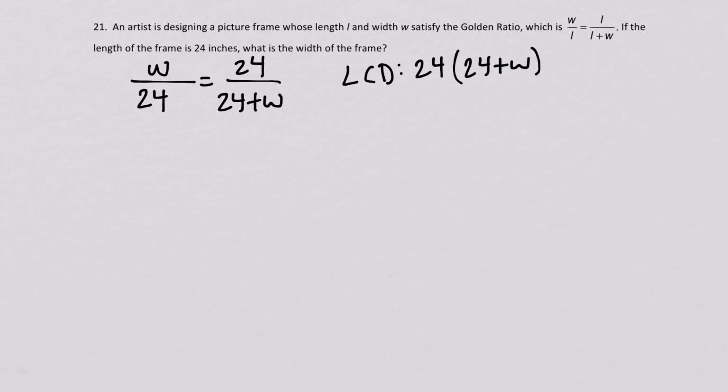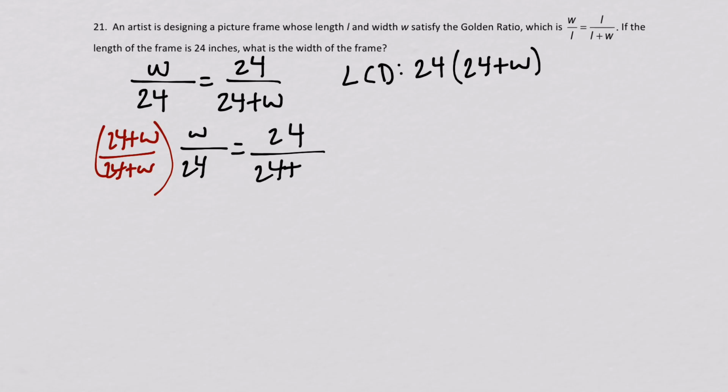So if I want that to be my LCD, this one is missing 24 plus W, so I'm going to multiply it times 24 plus W over 24 plus W. W over 24 equals 24 over 24 plus W. What's that one missing? That one's simply missing 24, so 24 over 24. There you go. So this one I'm multiplying times 24 plus W over 24 plus W. This one I'm multiplying times 24 over 24, and that way will give me the same denominator for both.